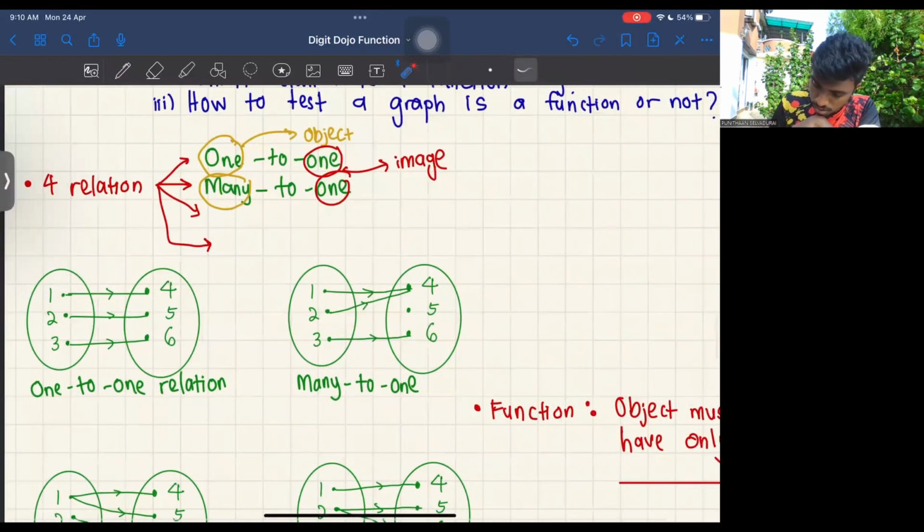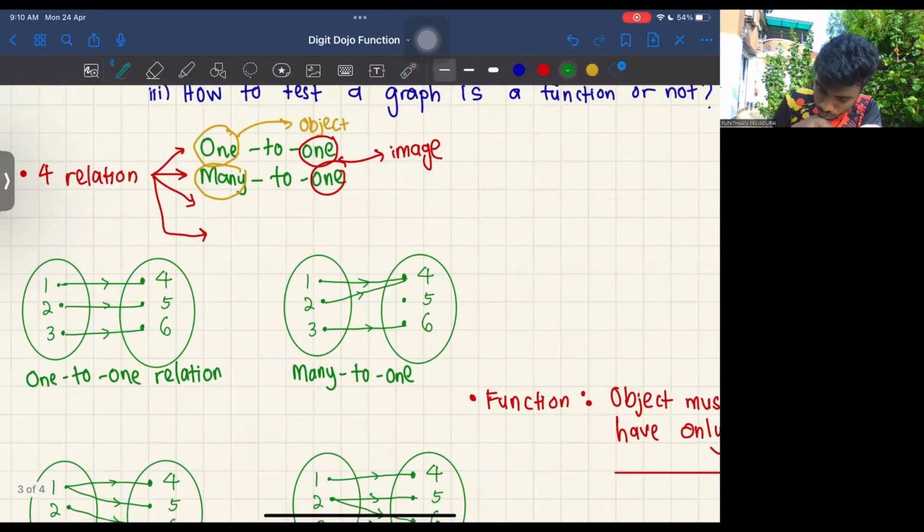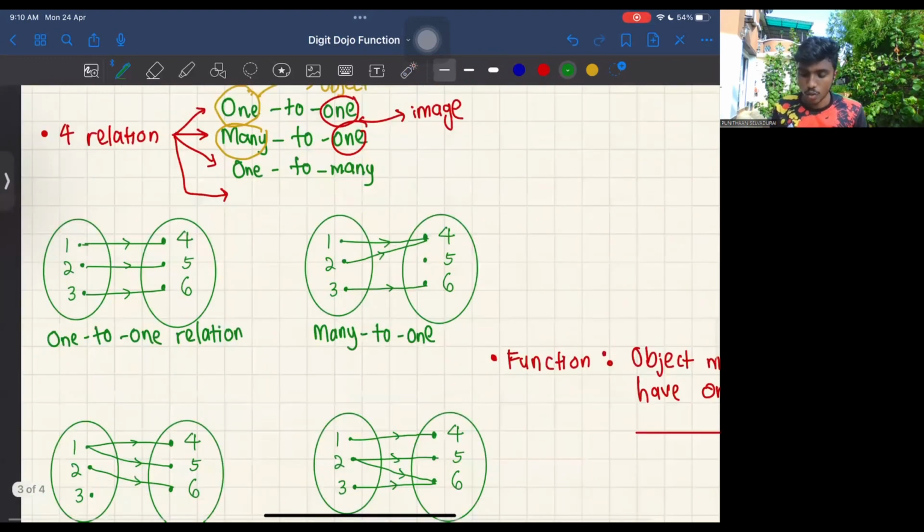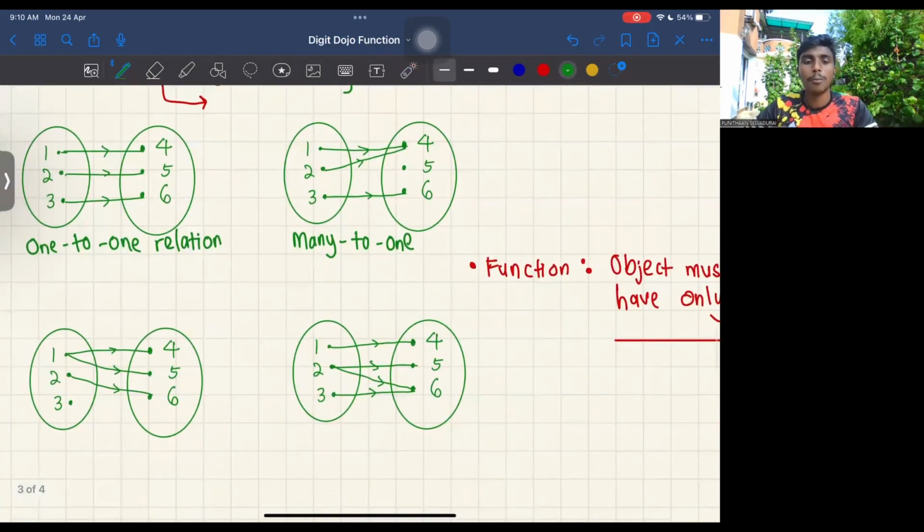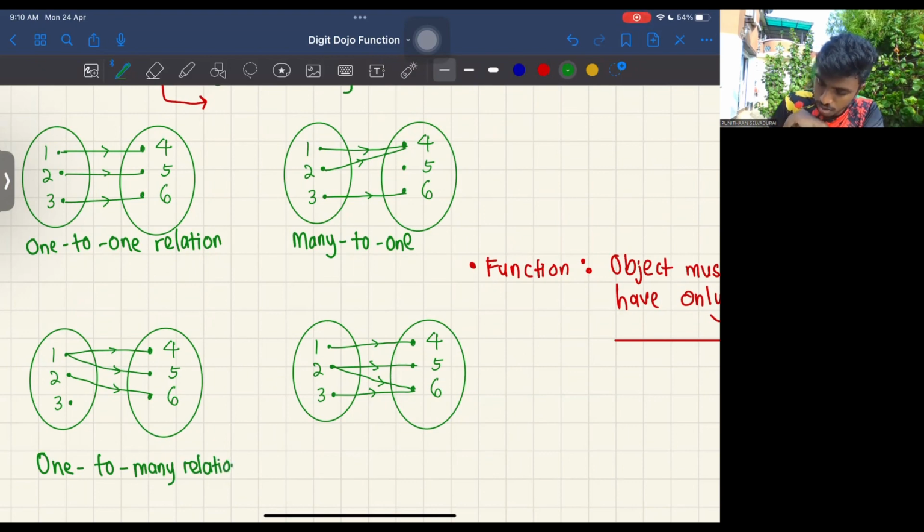And the next relation is one to many. One to many means one object is going to more than one image. Here I'm writing one to many relation.